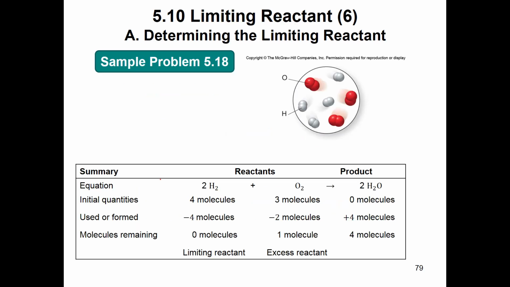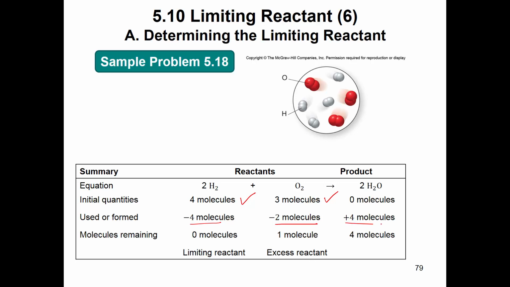So if I had 4 molecules of hydrogen and 3 molecules of oxygen, then I would have how many waters? Well, I'm going to use up these 4. For every 4 of those, I need 2 of these.